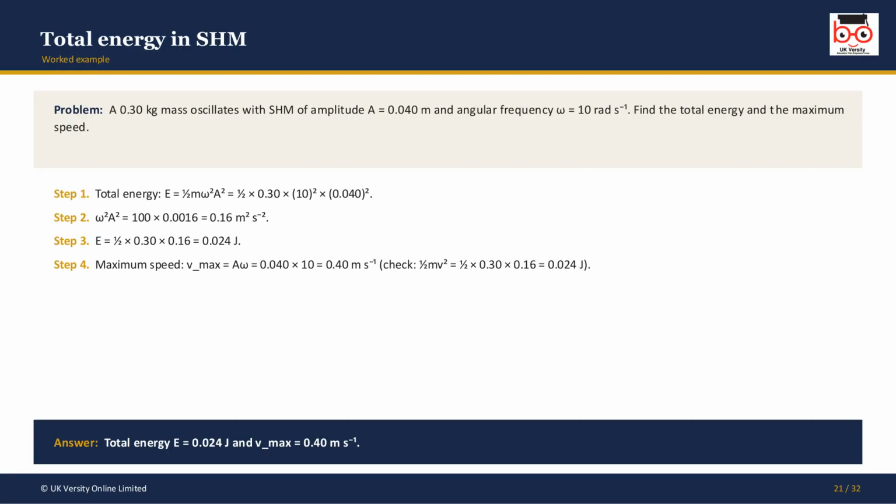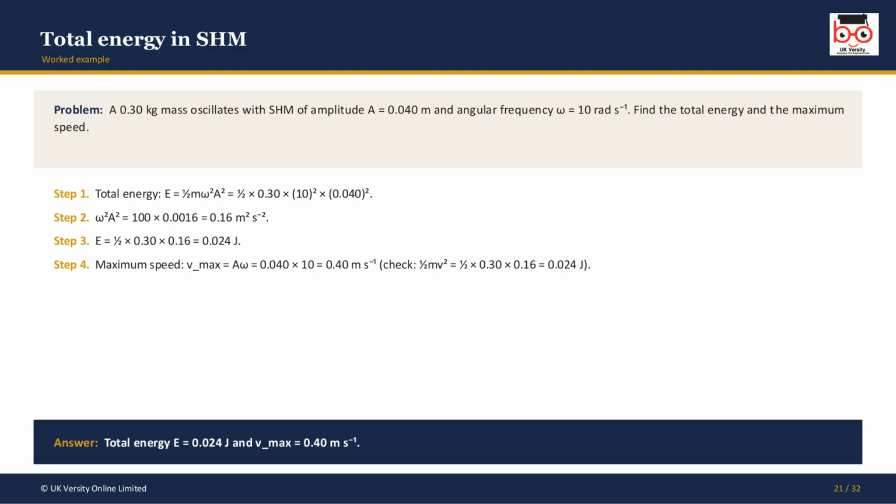Let's put figures to that. A 0.30 kilogram mass oscillates with amplitude 0.040 meters and angular frequency 10 radians per second. And we want the total energy and the maximum speed. The total energy is a half times mass times omega squared times amplitude squared, so a half times 0.30 times 10 squared times 0.040 squared.